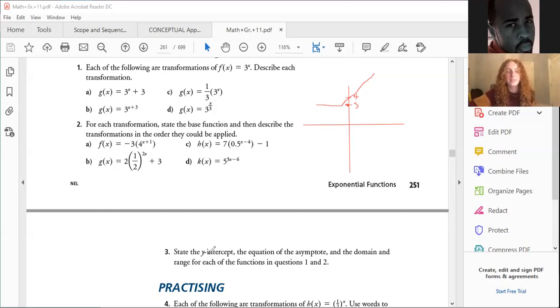It's gonna be 27, because if I plug in 0, 3 cubed is 27. My domain is going to be any real number, and my range is going to be anything above 0.